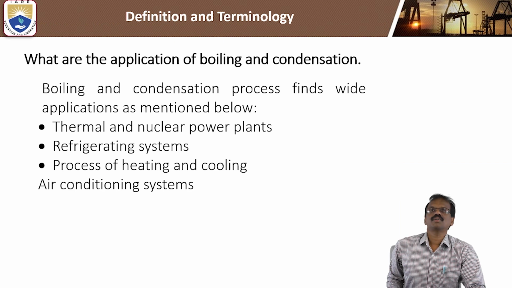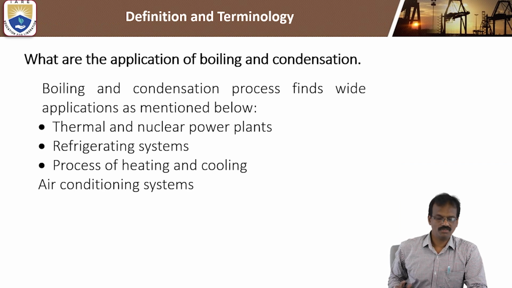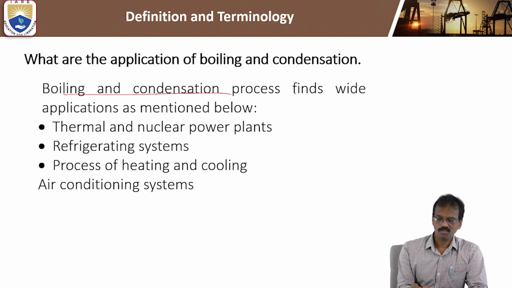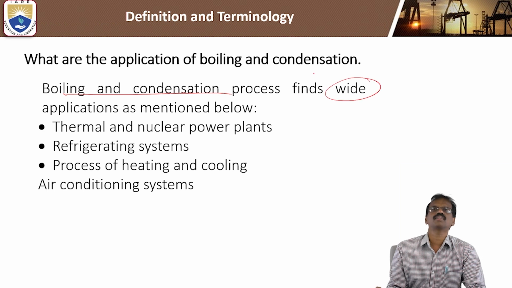What are the applications of boiling and condensation? The boiling and condensation process finds wide applications as mentioned below. In power plants, power generating plants, thermal power plants, and nuclear power plants, there are huge applications of boiling and condensation, because boilers are there.